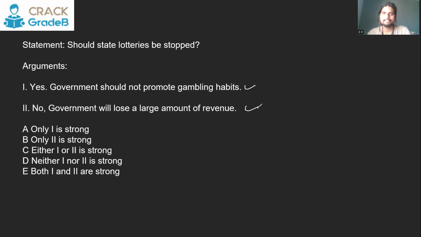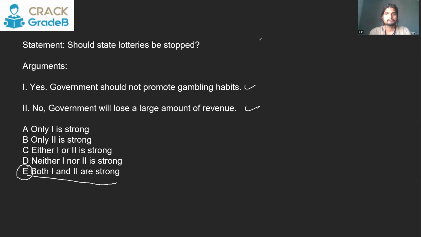Again, there is excise and other revenues associated with it. Government can regularize it and do other things to manage control over it. But stopping everything upfront is again not a good solution. So yes, government will lose a large amount of revenue is also a strong argument. So both are strong arguments.